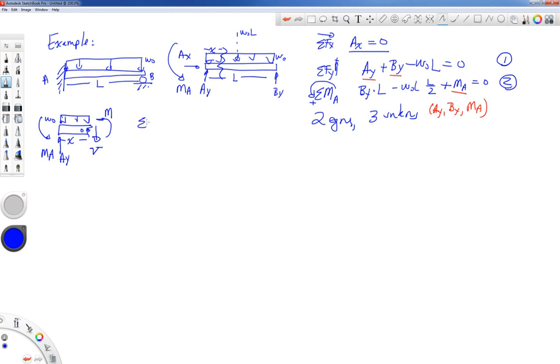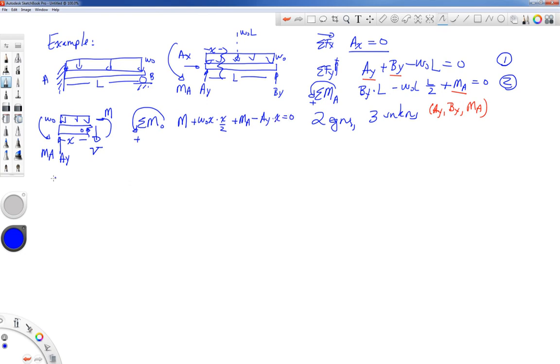And I'm going to do the summation of moments about that new point, the cut. I'm going to have plus M plus W naught X times X over 2. I'm going to have plus MA. I'm going to have minus AY times the distance X equal to 0 for equilibrium.